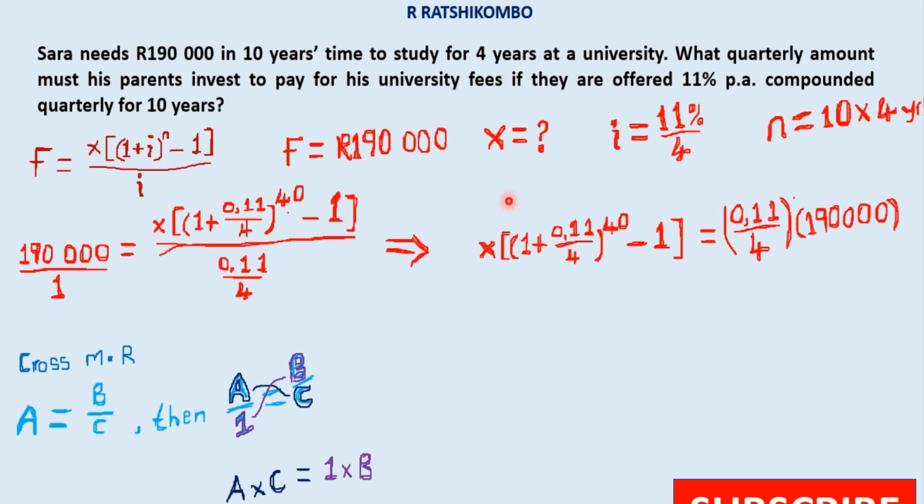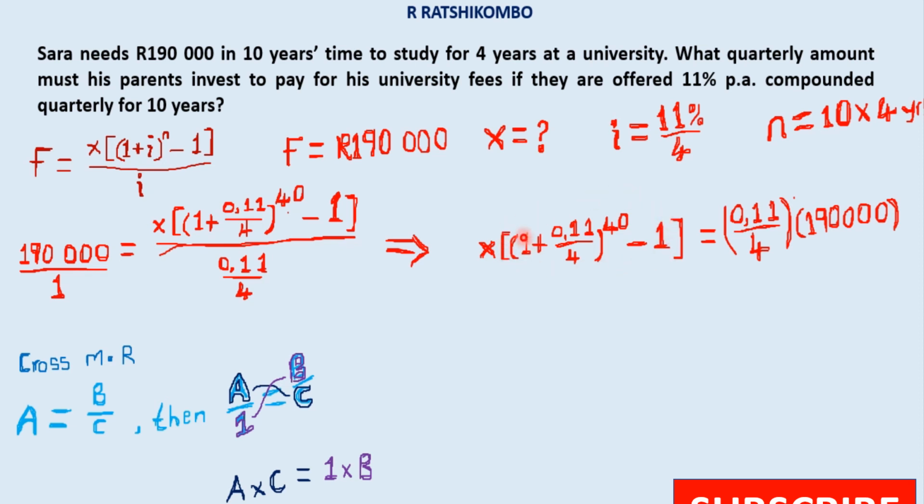From there, I can now press the calculator. It is possible to type this part into a calculator and divide by the whole of this part, except only x, because that's the one you're looking for, and then press equals to find the value of x. But I want to go explicitly and firstly use a calculator to find the value of everything inside the square brackets.